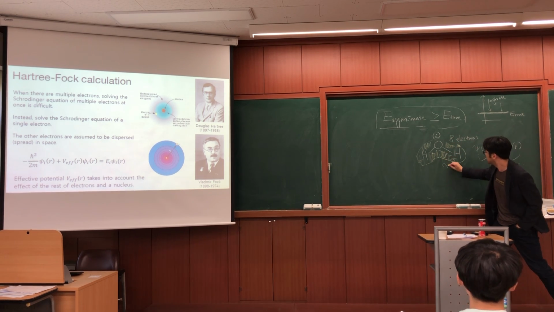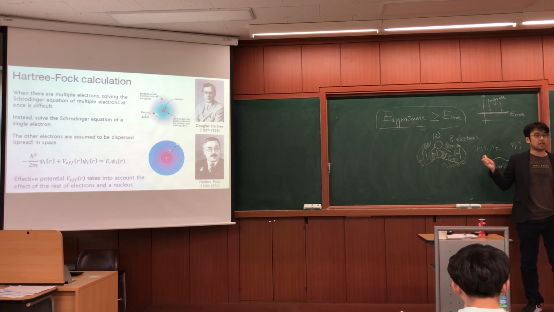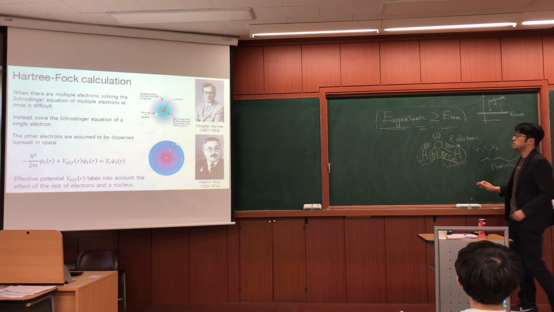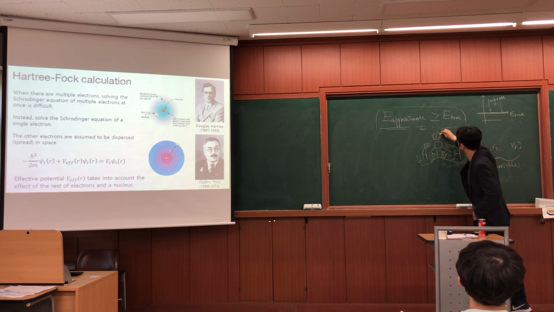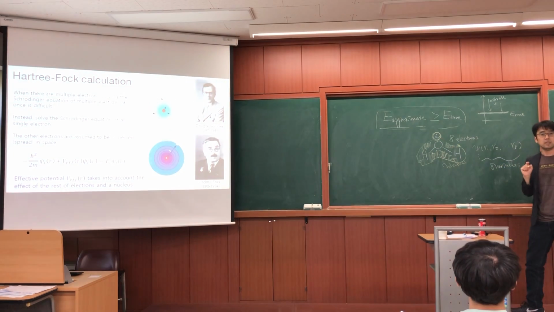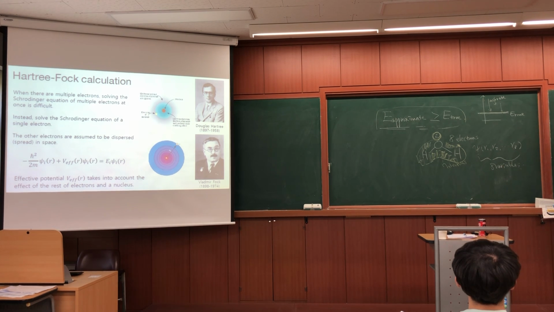We consider the 7 electrons as a cloud, spread all over the molecule. By doing this, we can solve the equation of just this one electron, right?